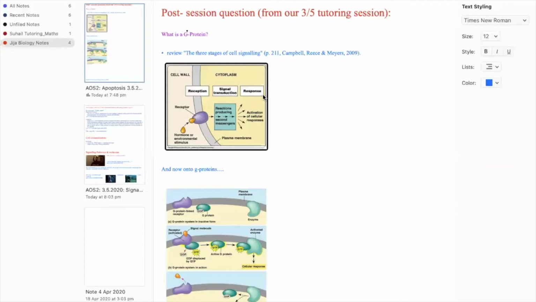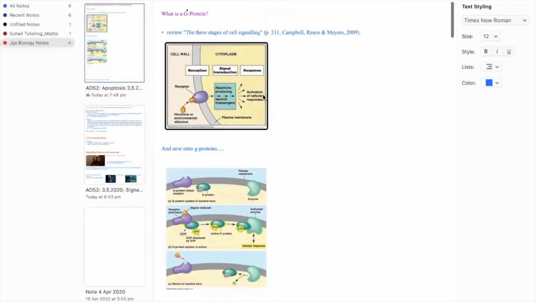The ligand binding is similar to the binding of an allosteric regulator to an enzyme. So this causes the shape change, okay? And in the case of signal transduction, the binding of the ligand alters the ability of the receptor to transmit signals, okay? Most signal receptors are on the plasma membrane, and these are proteins.